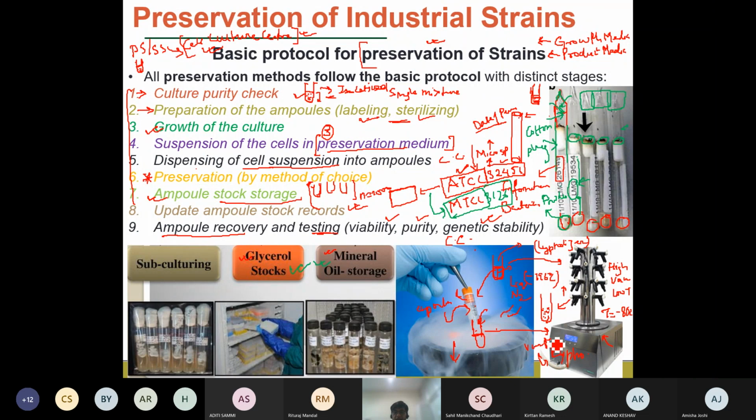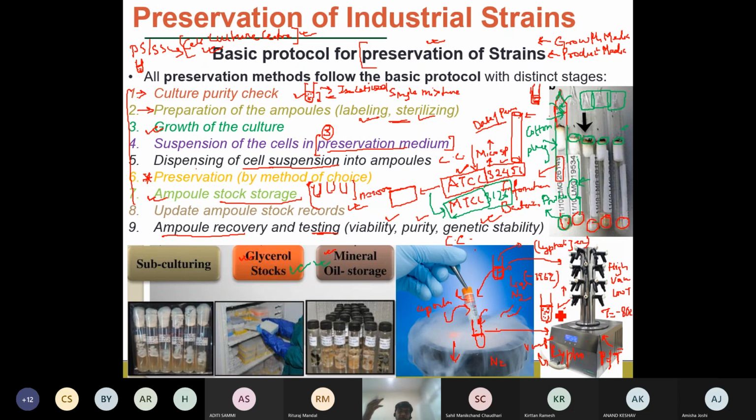A very high vacuum is being created, and the pressure and temperature are optimized and maintained in such a way that the ice formed during cooling in the presence of liquid nitrogen is directly sublimed into vapors or gas.